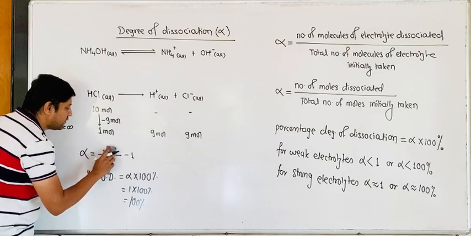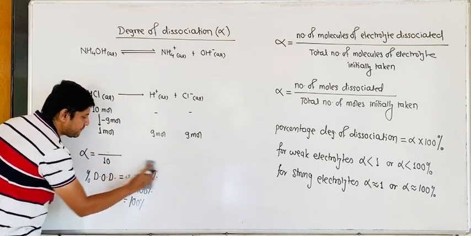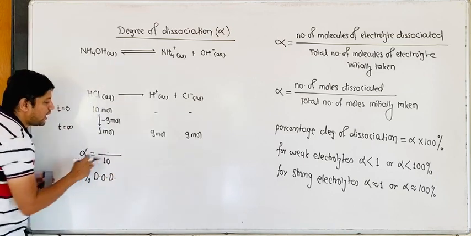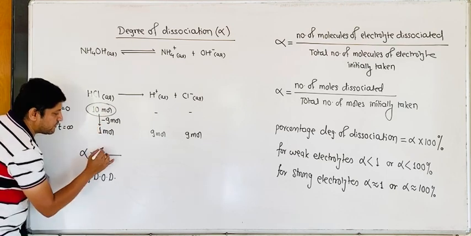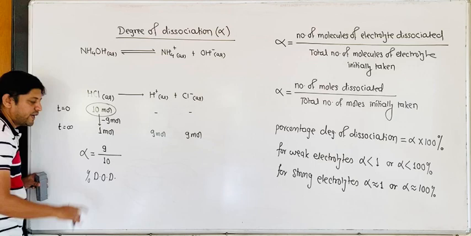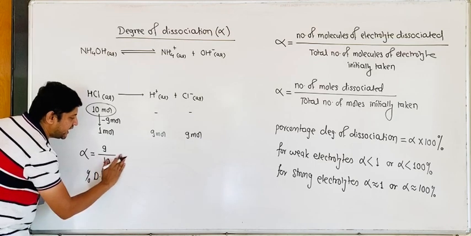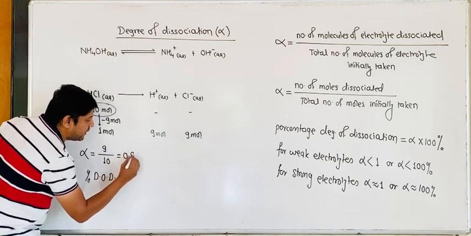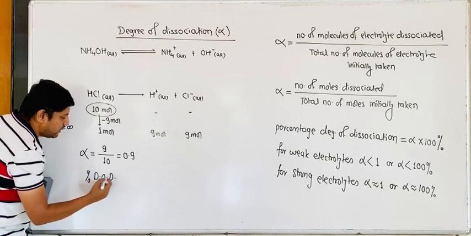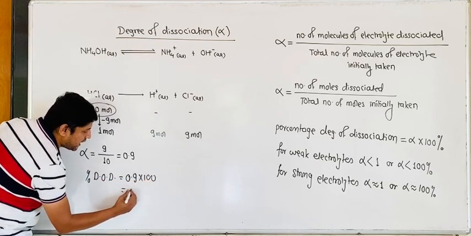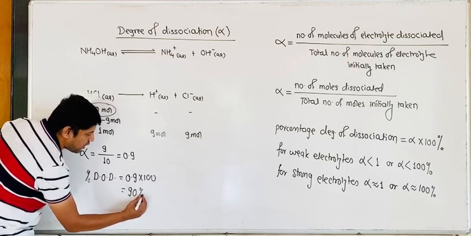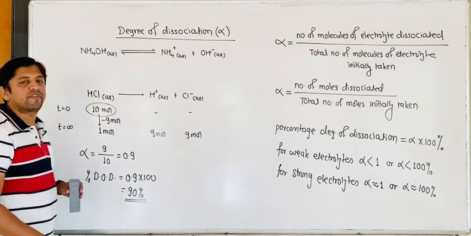Now, alpha for this dissolution process: out of 10 moles which are initially taken, 9 moles are dissociated. Number of moles dissociated divided by total moles initially taken, alpha is equal to 0.9, or in percentage it is 0.9 into 100%. Degree of dissociation of this electrolyte is 90%.